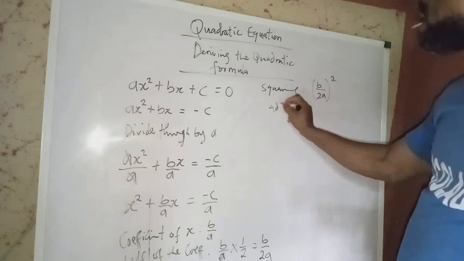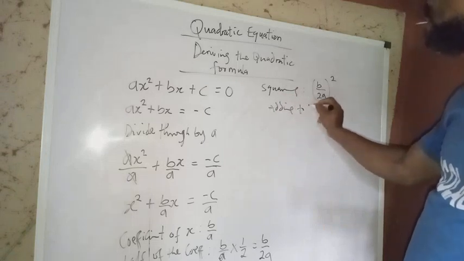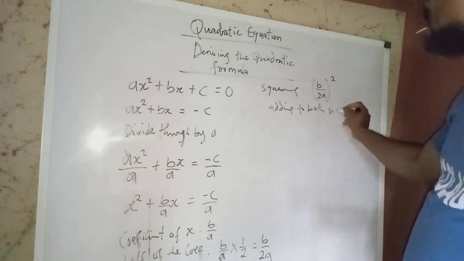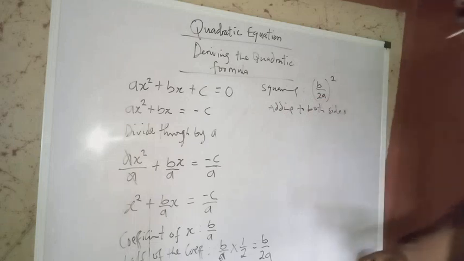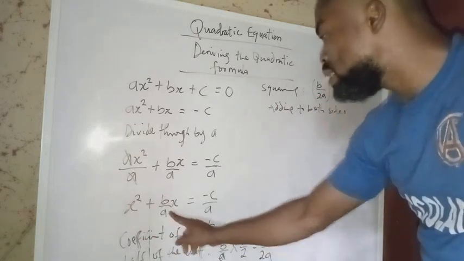So adding to both sides of the equation. Remember, we got this b over a from here.